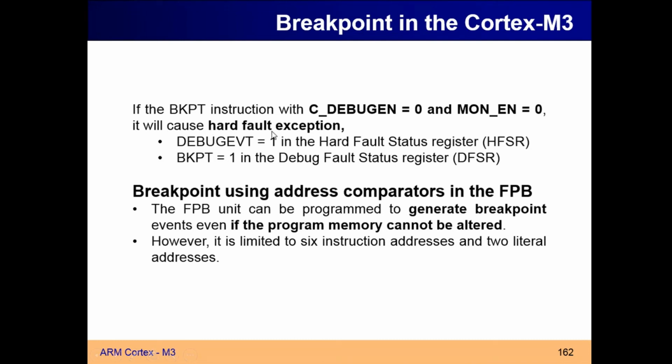A hard fault can be generated due to many reasons. If any fault handler is not available or cannot be accessed, again a hard fault will be detected, right? So in order to identify that the hard fault exception has occurred due to a breakpoint, these two bits will be set automatically: the debug event bit in the hard fault status register and the BKPT bit in the debug fault status register.